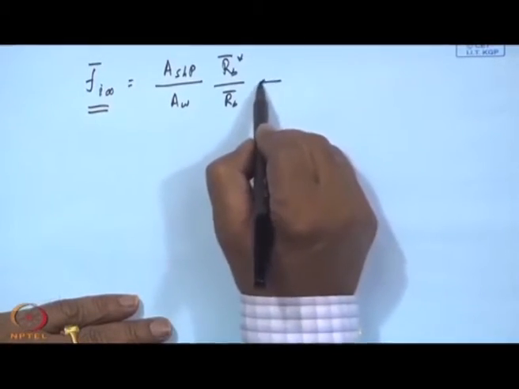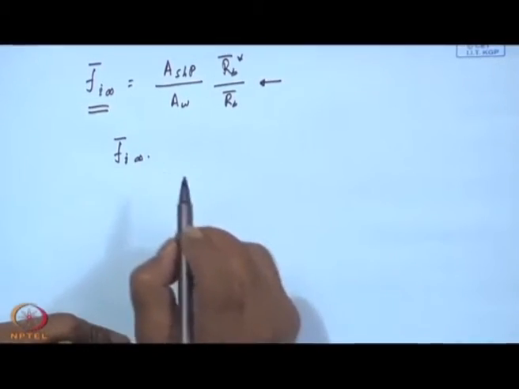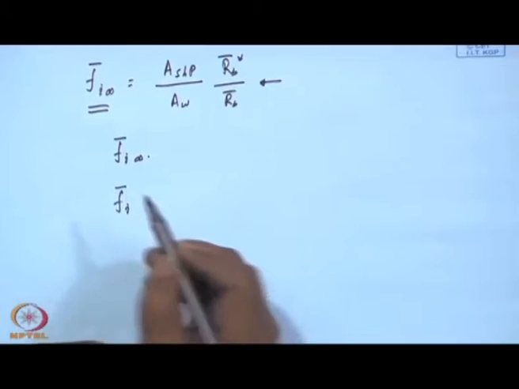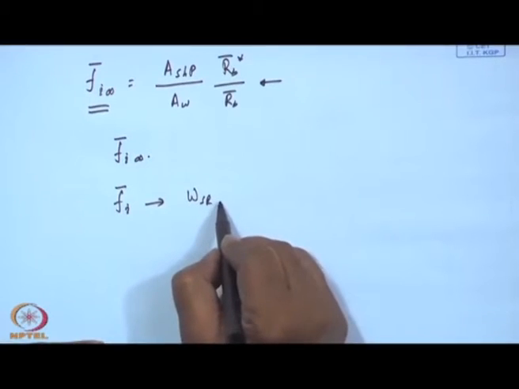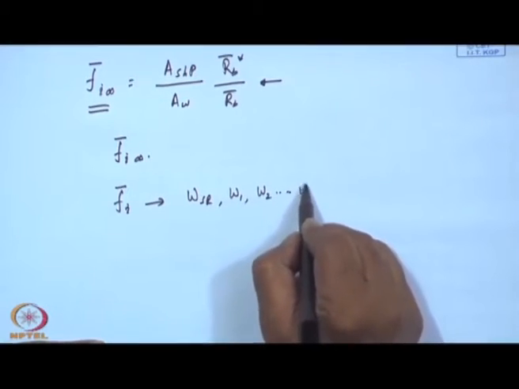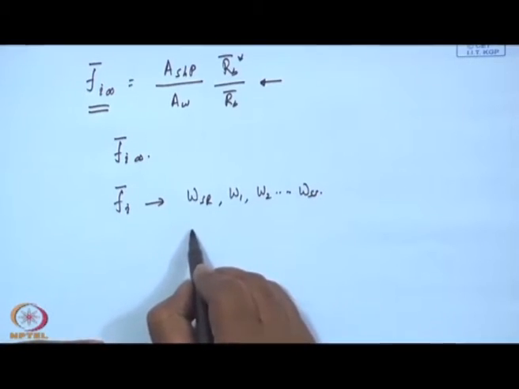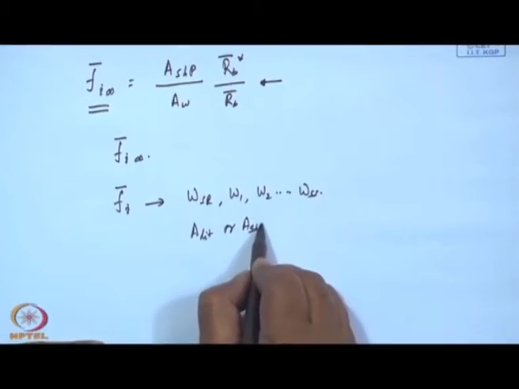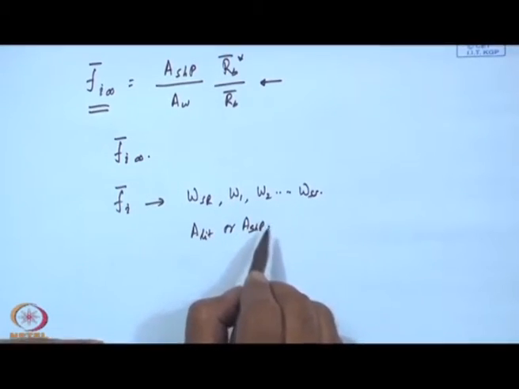So, with this you can calculate your Fi bar infinity, and if you want to calculate Fi bar, I have already mentioned the problem of integrating between omega SR, omega 1, omega 2, we do not know how many, up to omega S piecewise, and then the corresponding A lit or ASHP. Okay. It will depend upon the shape of the shadow on the window.